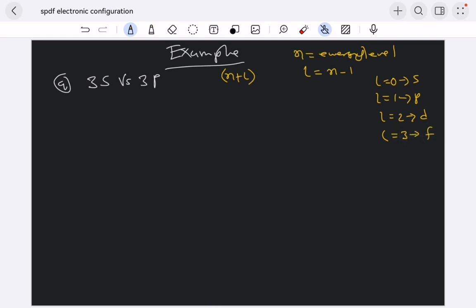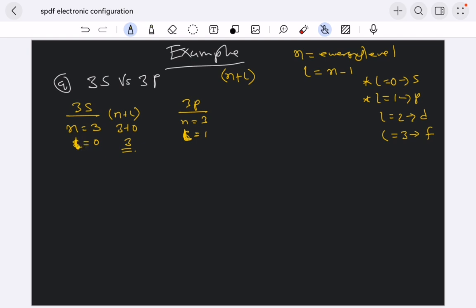So if we have a 3s, our N is equal to 3. Then our S, according to here, our L is 0. So this means N plus L is 3 plus 0. That will give us a 3. Then when we look at a 3p, our N is 3, then our P, according to this, our L is 1.